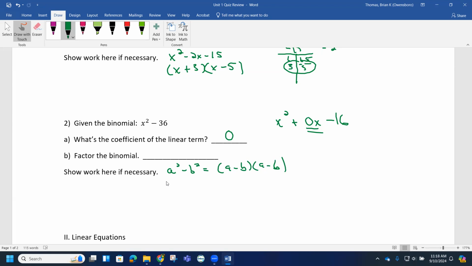What squared gives me x squared would be x, and what squared gives me 36 would be 6. So notice how the x is actually the a in the formula, and the 6 is the b in the formula. So this translates as x minus 6 times x plus 6. That's how it would factor.